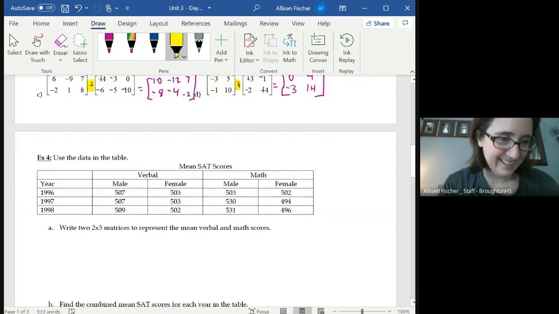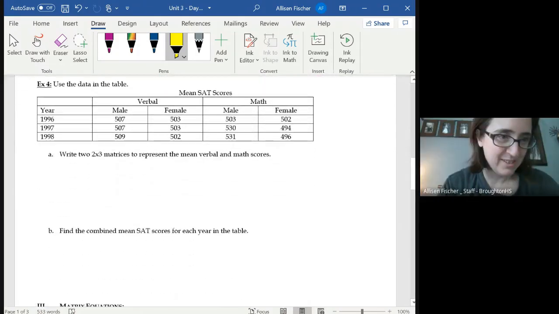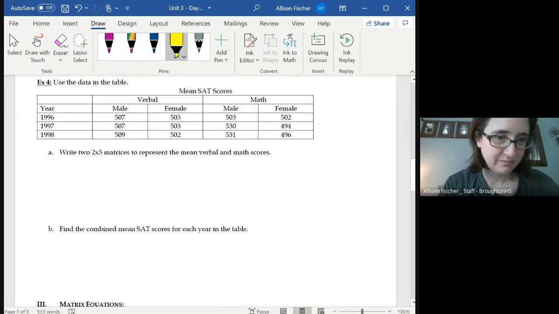All right. In example 4, it says use the data in the table. So our data has years, verbal scores for males, verbal scores for females, math scores for males, and math scores for females for average SAT scores. Now it says mean SAT scores. That just means average.